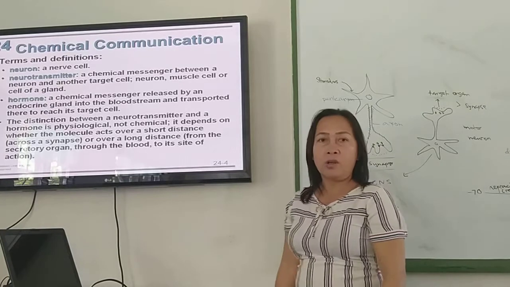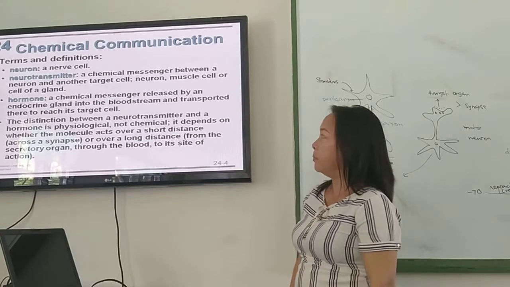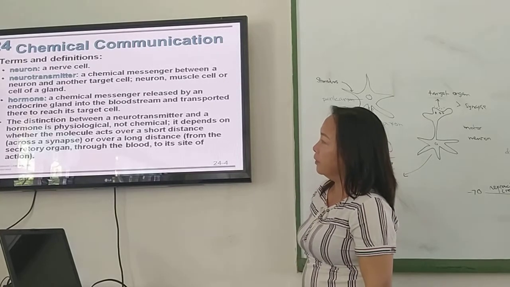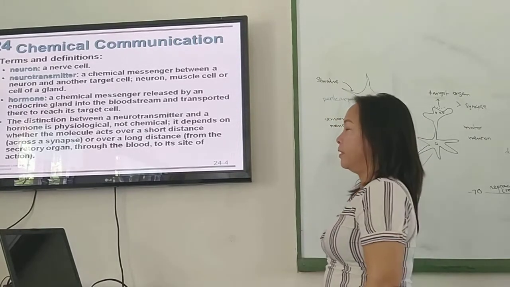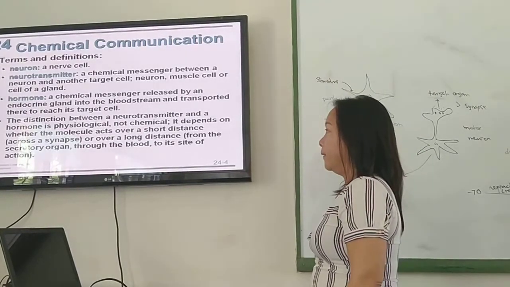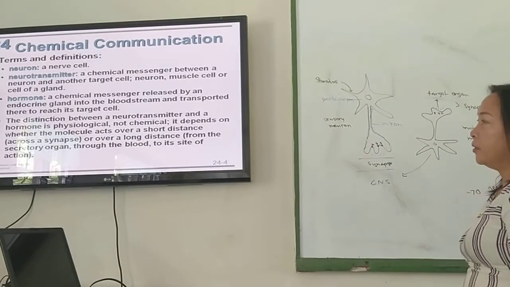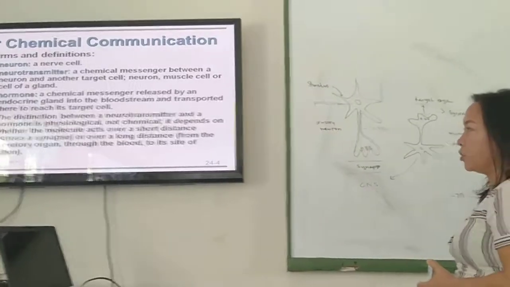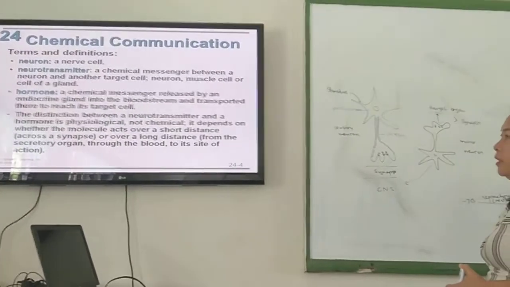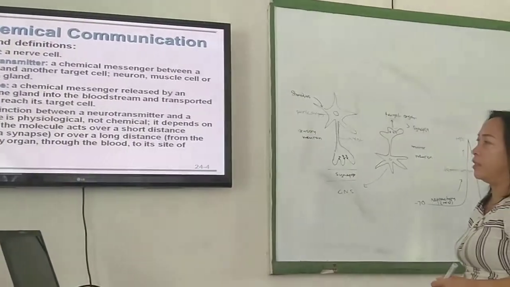But physiologically, meaning they differ in their function, because of course the hormone is secreted by the endocrine gland, or structurally they differ. And of course the neurotransmitter is synthesized by the neuron.